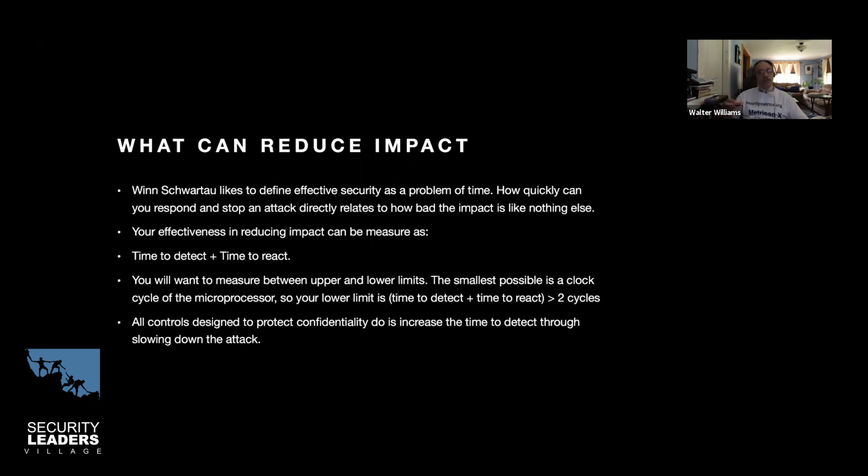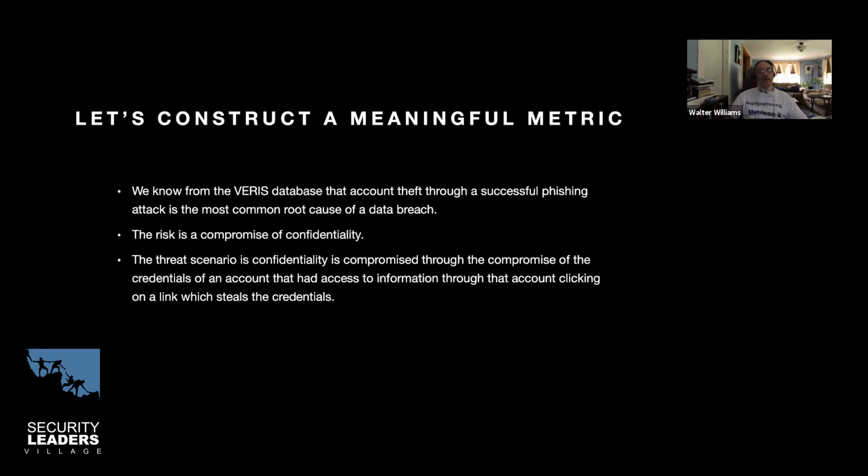And your lower bound is measured in compute cycles on your computer. So you've got essentially your time to detect plus time to react is going to be at least, if not greater than, 2 compute cycles. And all your controls designed to protect confidentiality do is increase the time to detect through slowing down the attack, which is a good thing, by the way. Don't want to put that down.